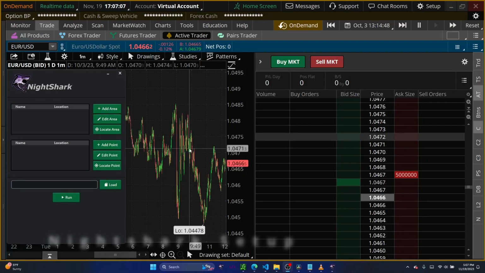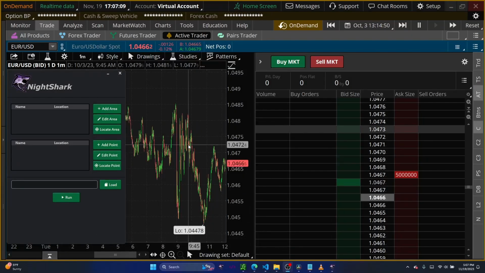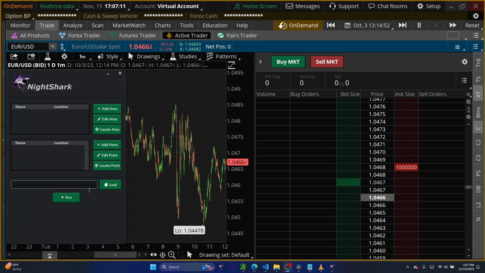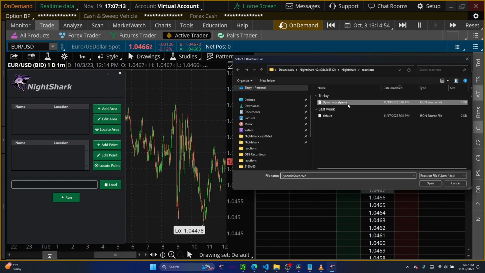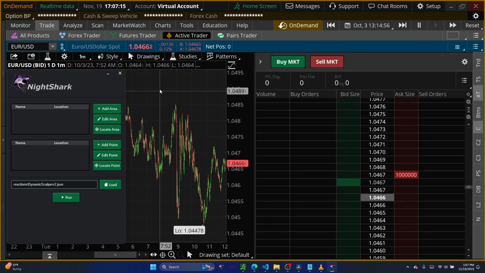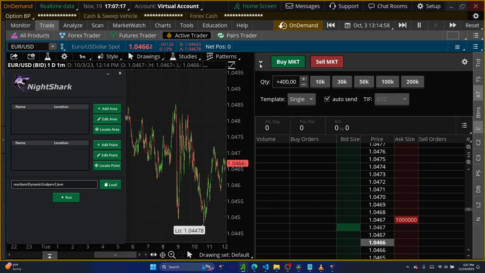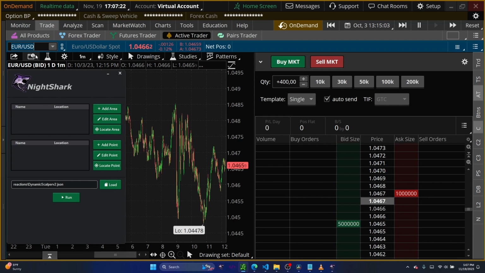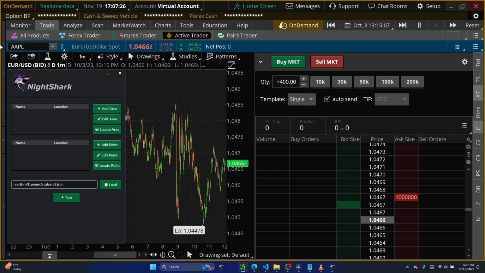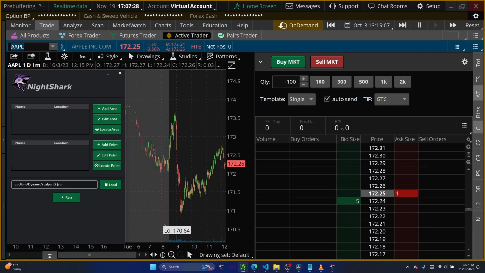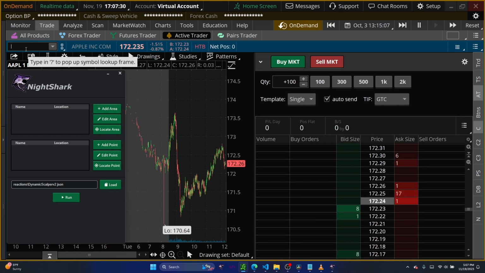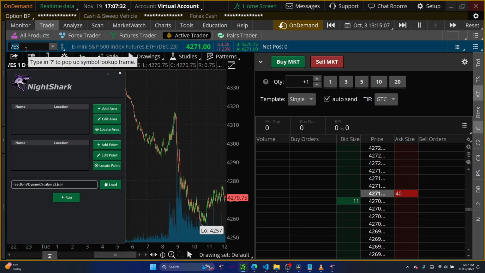So in terms of the setting of the Nightshark, one thing we can do is load in our dynamic scalper v2, and for this purpose we will be trading the Euro USD pair. You can trade Apple from here, or if you are into futures, you can also trade futures with this.